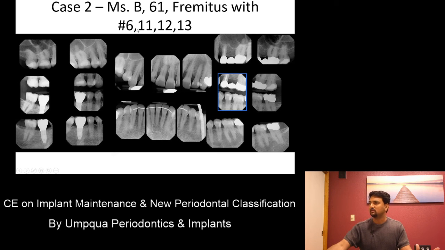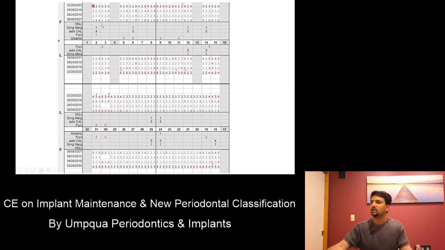She's not a smoker. She's not diabetic. So no risk factors. Is she stable or unstable? For that I have to look at the charting.